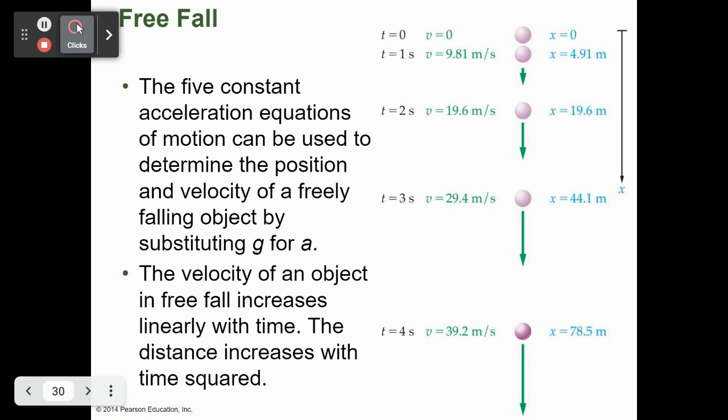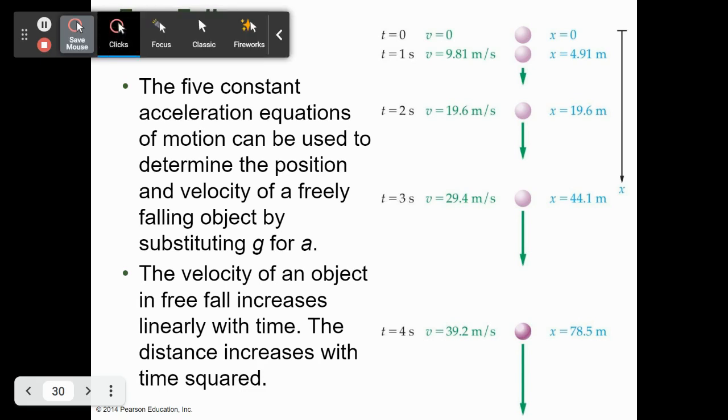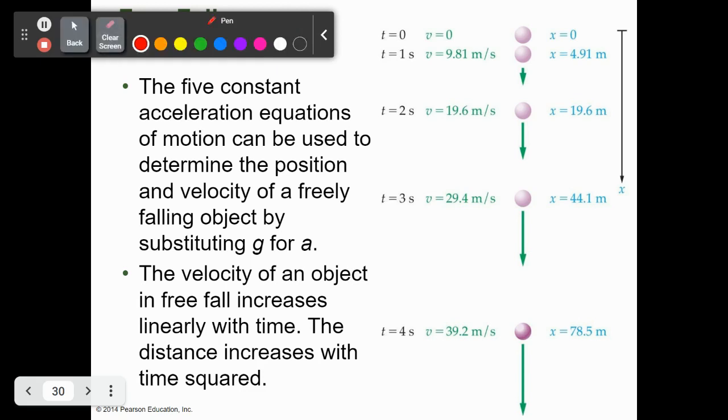Okay, so the 5 constant acceleration equations of motion can be used to determine the position and velocity of a free-falling object by substituting g for a. So all of those equations that you learned at the beginning of chapter 3, they're the same equations, but instead of a, we put g.